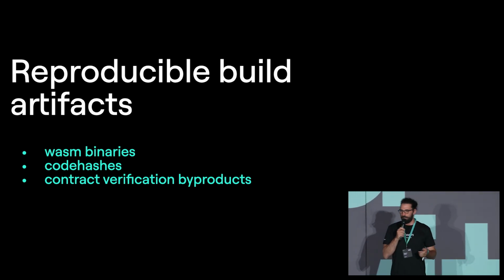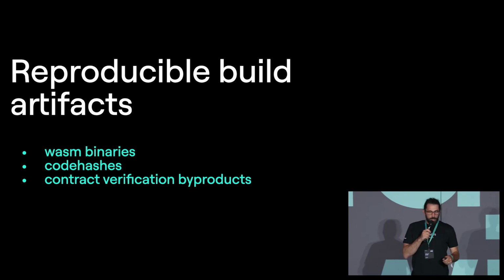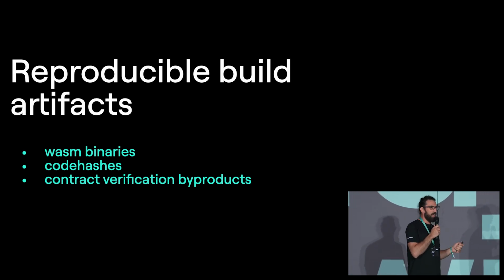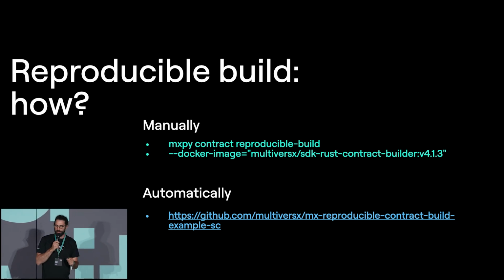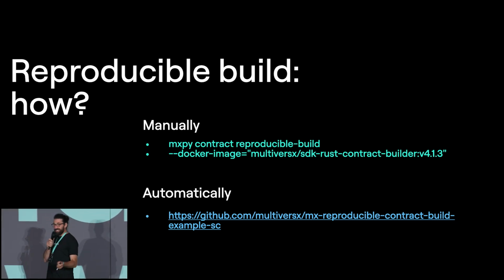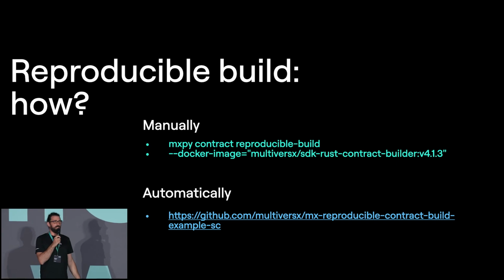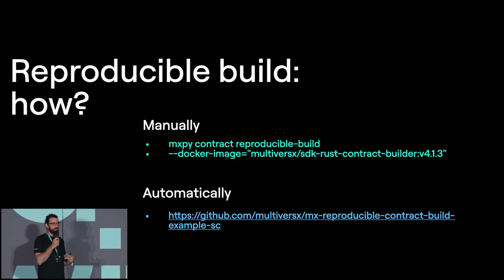All right, I mentioned several times these reproducible builds, but how do we actually do it? Rust by default does not support a reproducible build. This means that when I'm building it on my machine and building it again, I will in most cases get the same WASM binary.